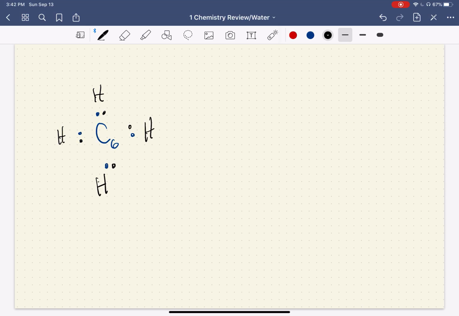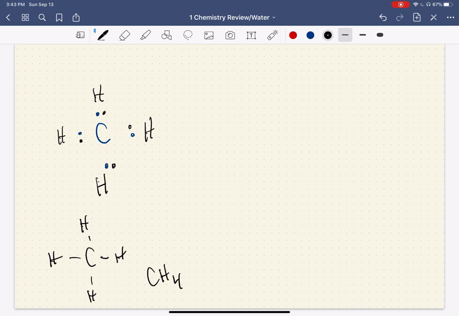And now this carbon feels like it's a noble gas, like neon. And each of these hydrogens feels like a noble gas, like helium. An easier way of writing this is just to draw a line for each shared pair of electrons. So that is CH4. That's methane.